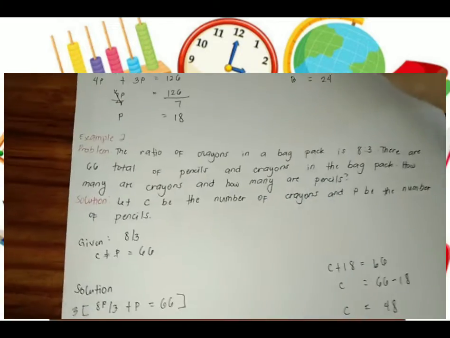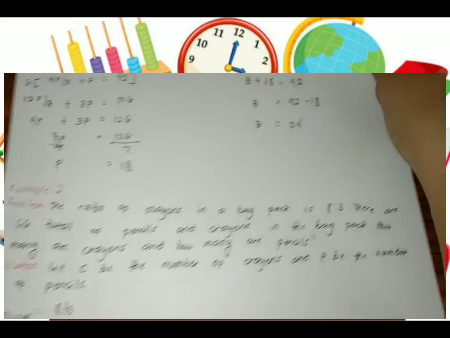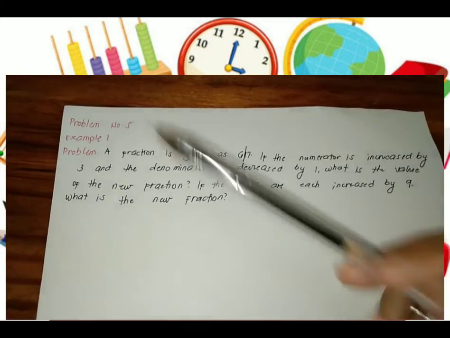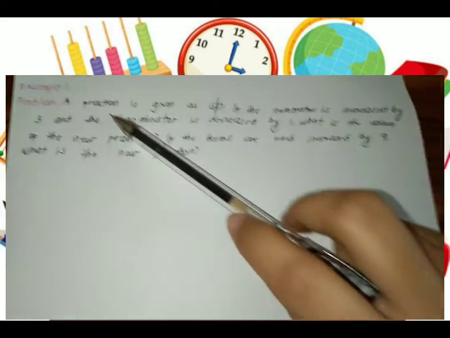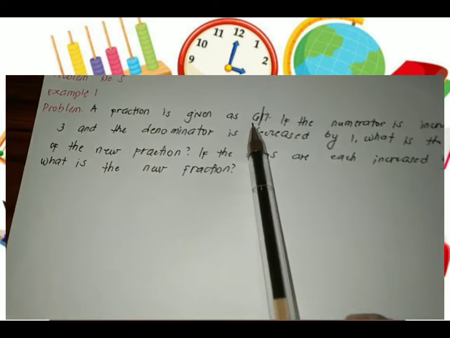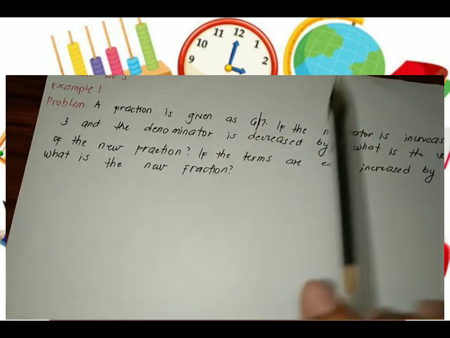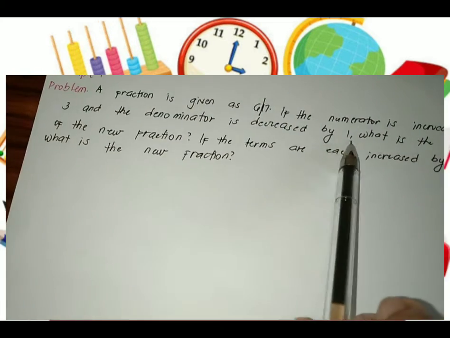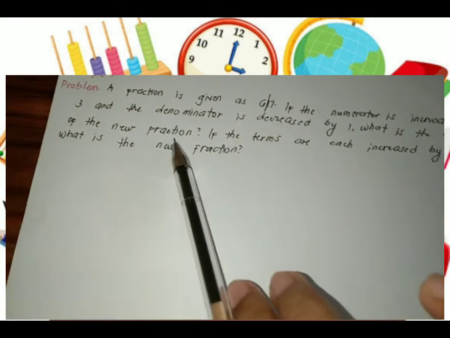So this is the way on how to solve our problem number 4, example number 1 and 2. So we are going to move on to our problem number 5. We have here example number 1 and example number 2. The example number 1 problem: the fraction is given as 6 by 7. If the numerator is increased by 3 and the denominator is decreased by 1, what is the value of the new fraction?